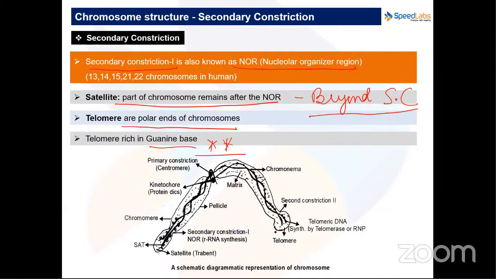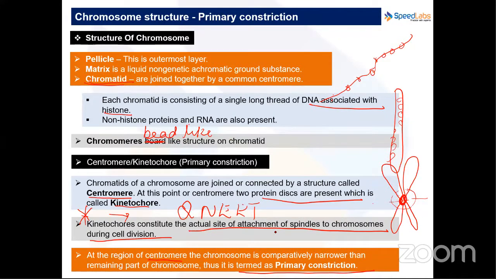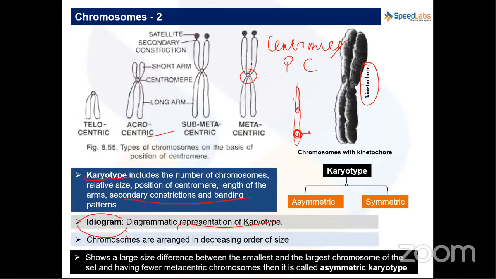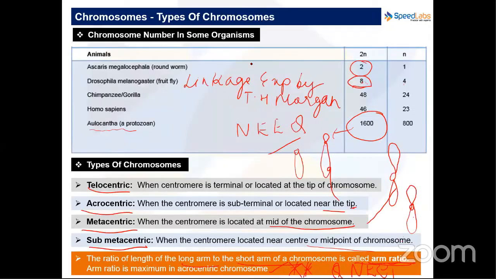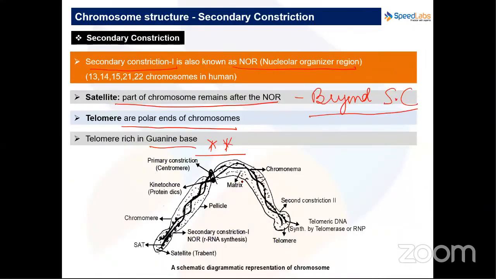So look at the structure. The ground substance of the chromosome is called the matrix, and the outermost layer is the pellicle. The beaded structures are called chromomeres.